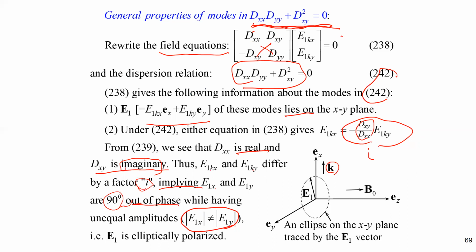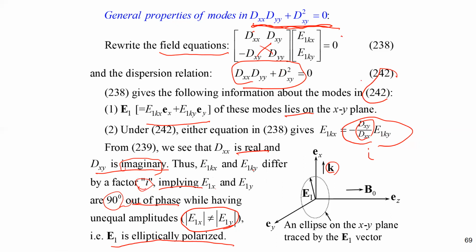Therefore, E1 is elliptically polarized. If the amplitudes are the same and the phase differs by 90 degrees, they can be circularly polarized, left or right circularly polarized.